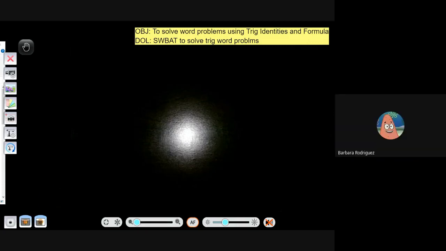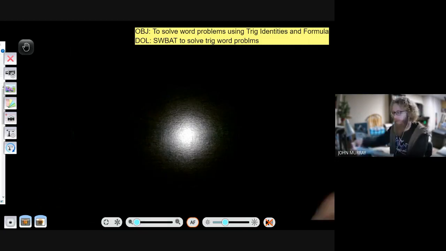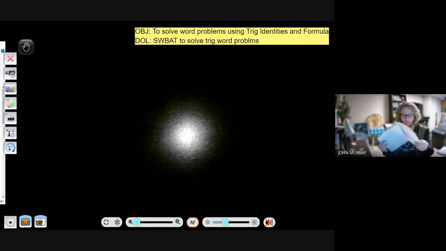Either one, because I'm not really sure if I'm doing the double angle right either. Okay. Let me see. Okay, so let's do a find-the-exact-value, and then we'll do a solve. We'll see if we have enough time.